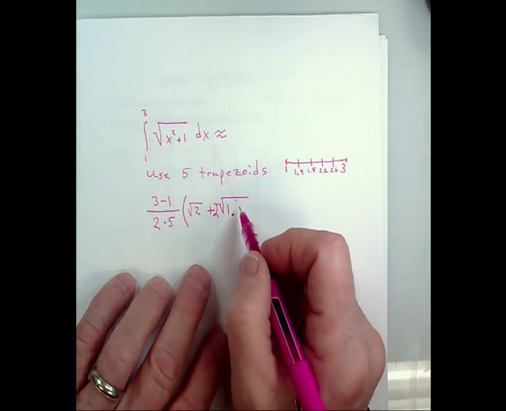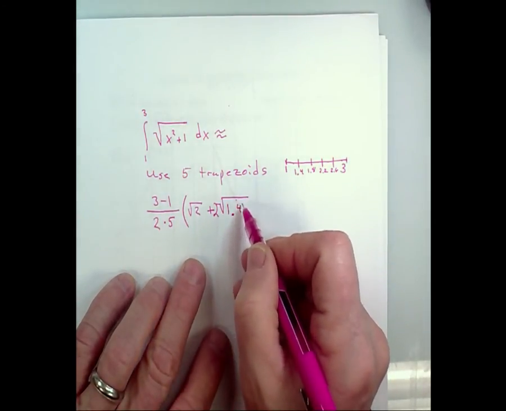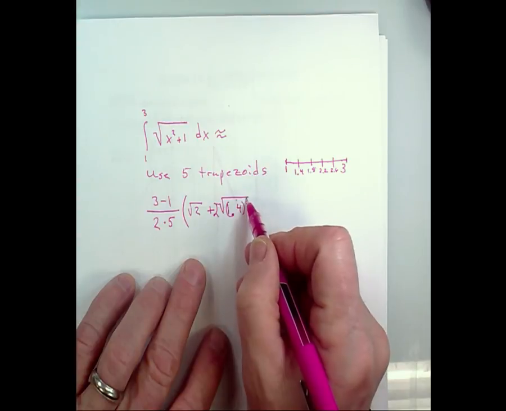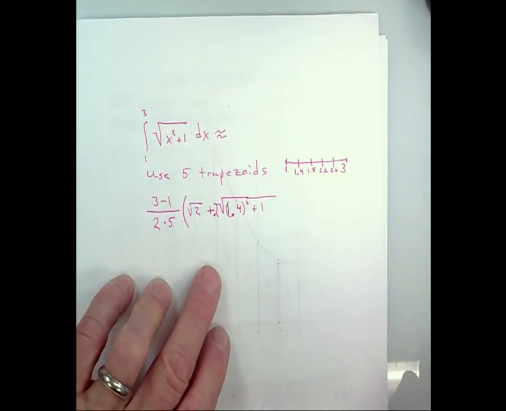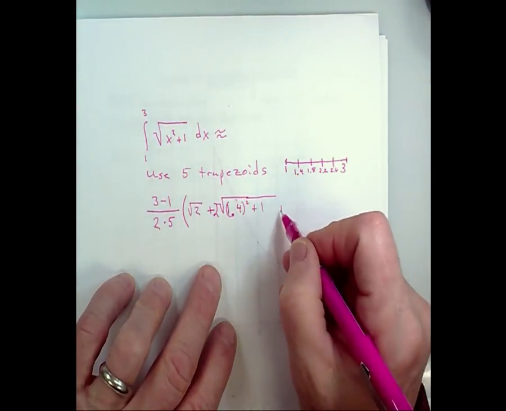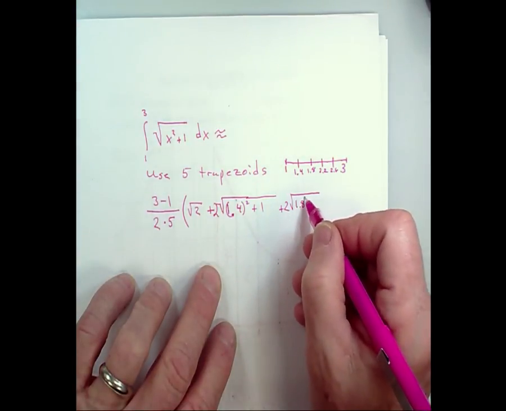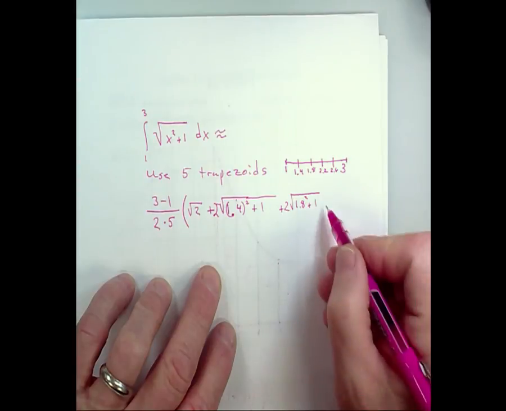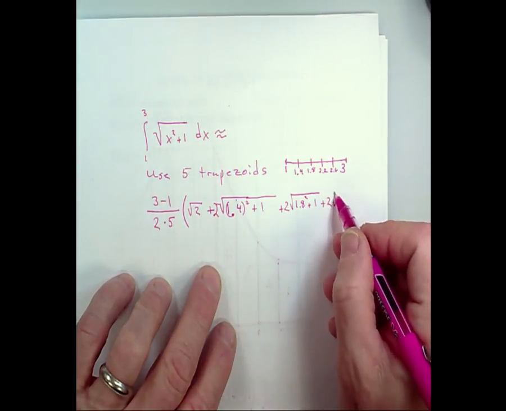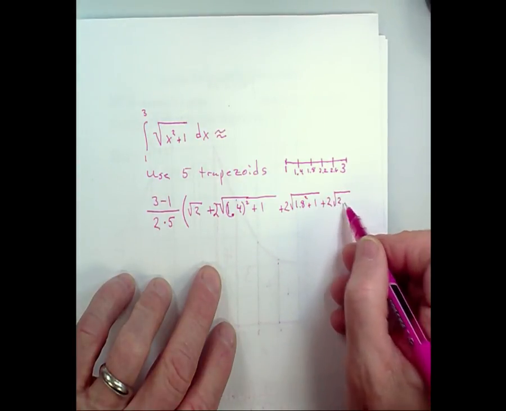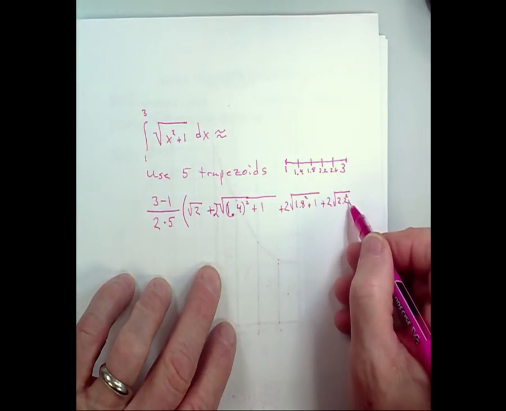So this means I'm going to have 1.4 squared plus 1, correct? Plus 2 times the square root of 1.8 squared plus 1. Plus 2 times 2.2 squared plus 1.